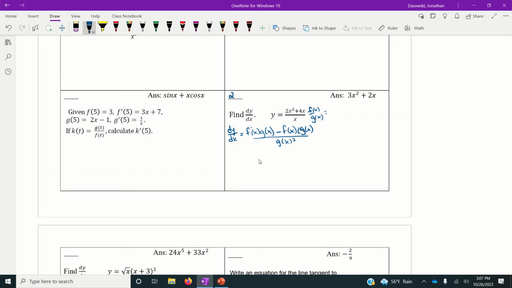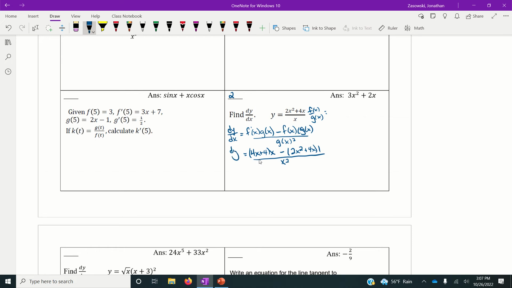Usually we'll just leave that squared as is. So we go through: derivative of the top is going to be 4x plus 4 times the bottom, which is just x, minus the top, which is 2x squared plus 4x, times the derivative of the bottom, which is just 1, over the bottom squared, which is x squared.